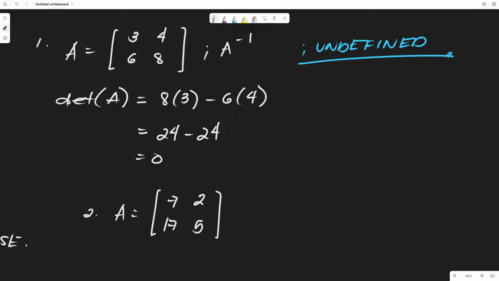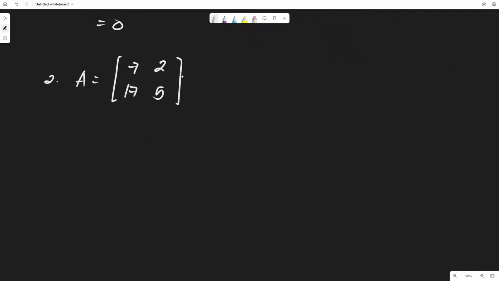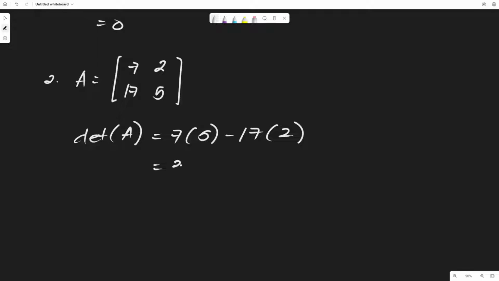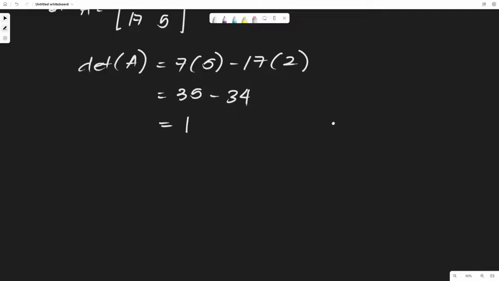Let's get the determinant. The determinant of A is equal to 7 times 5 minus 17 times 2. So we have 35 minus 34, and our determinant is equal to 1. Now let's get its adjoint matrix, the adjoint of A. How do we get this?